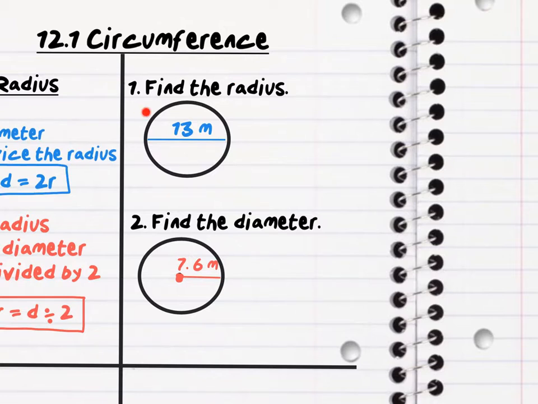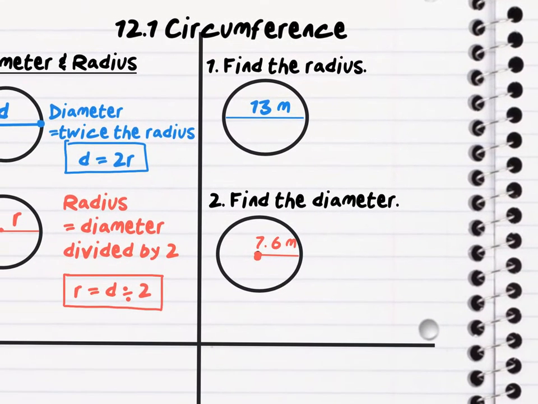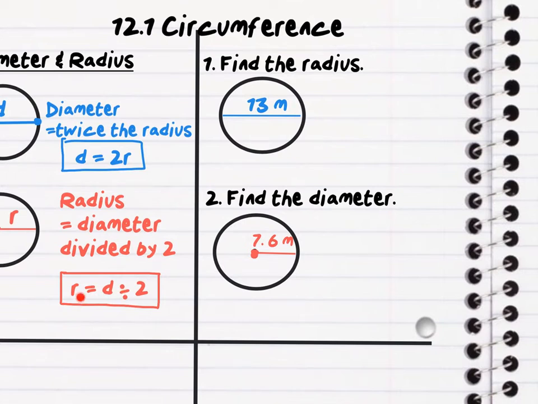Okay, so for problem number 1, it says find the radius, and here we're given the diameter, the distance all the way across the circle going through the center. The diameter is 13 meters. To find the radius, we look over to this side here. The radius, we would use this formula, R equals D divided by 2. Start with the formula first, and then we know that the diameter is 13 meters.